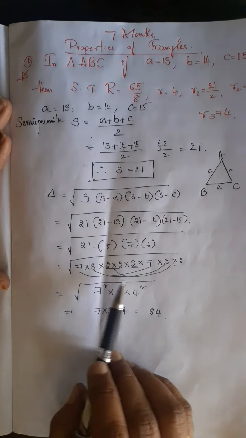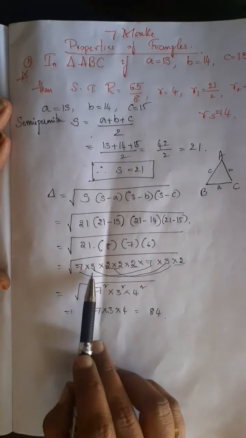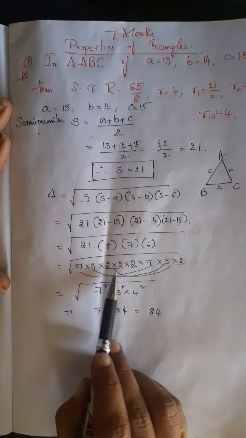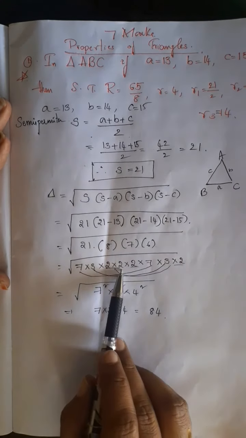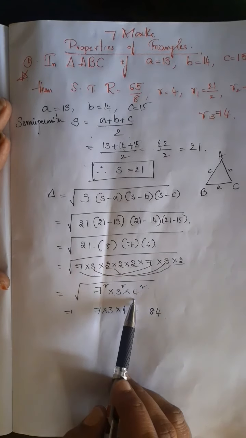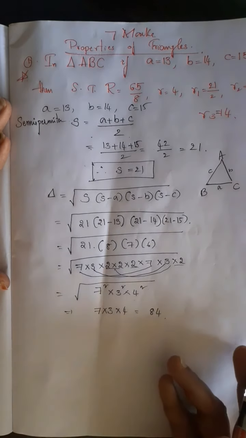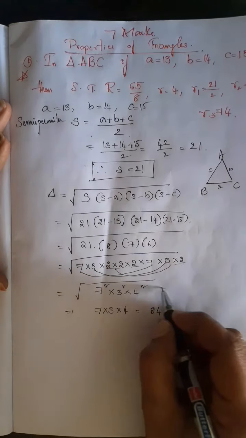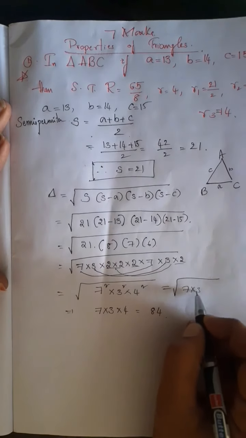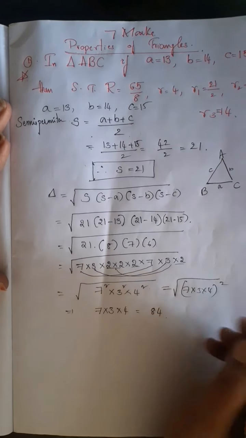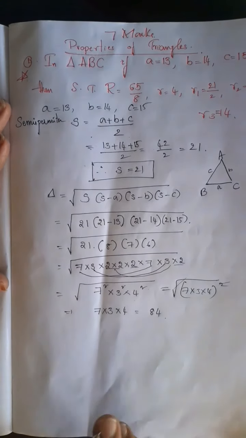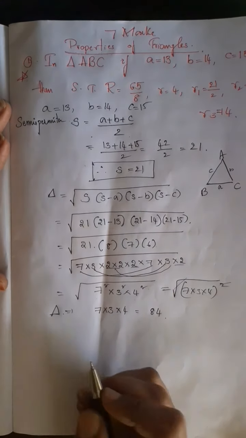Now I will make squares: 7 into 7, 7 square, 3 into 3, 3 square. See here 4 2's I have, so I can write 4 into 4, 4 square. So the square root will get cancelled; this is nothing but 7 into 3 into 4 whole square, and the square root will get cancelled. You will have delta as 84.